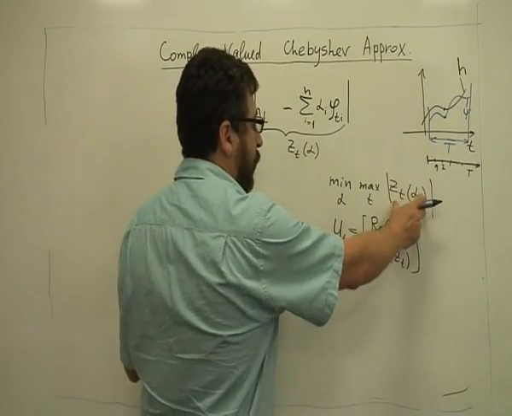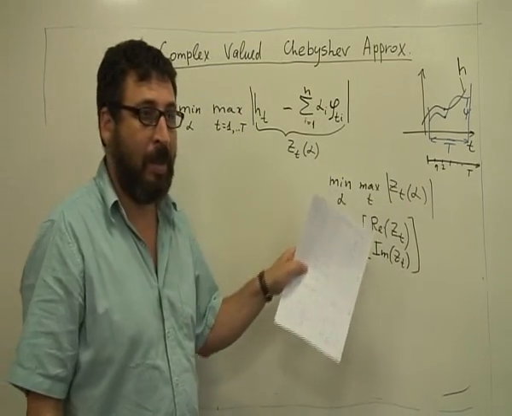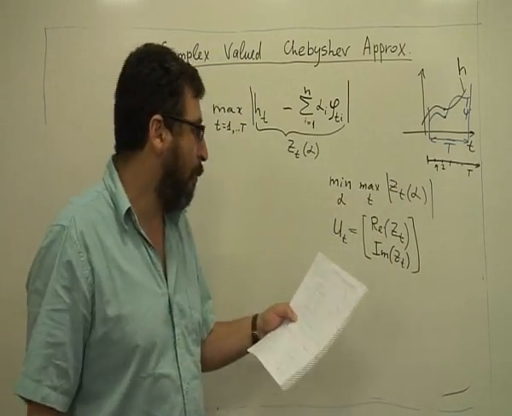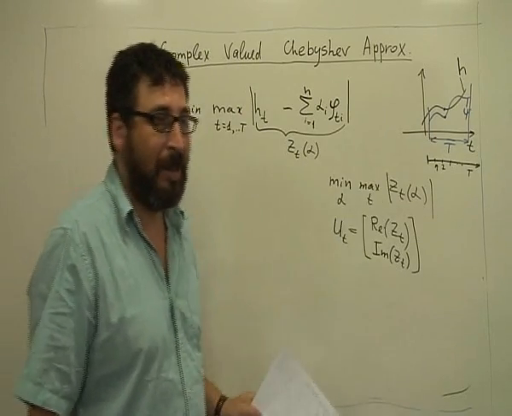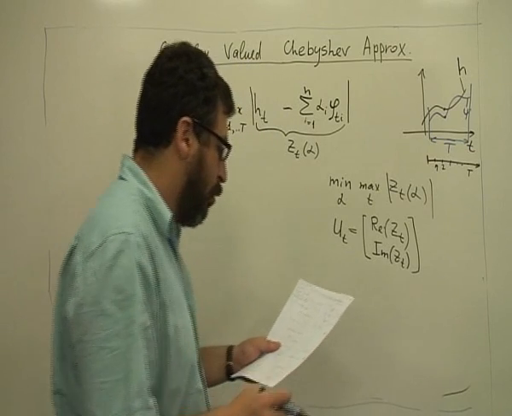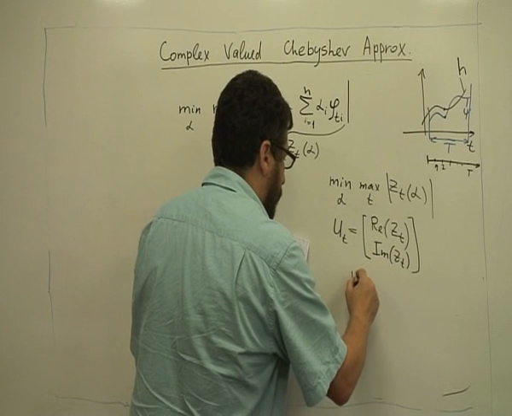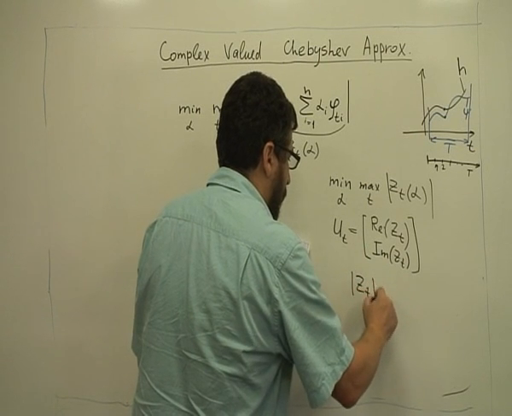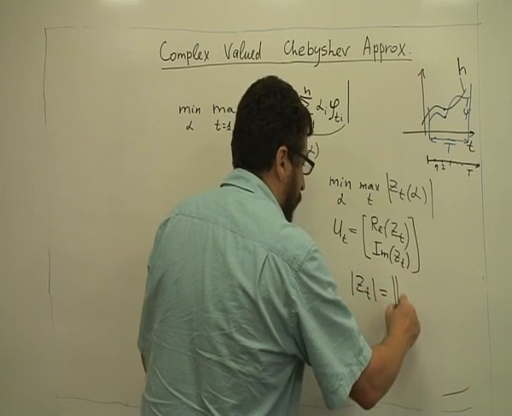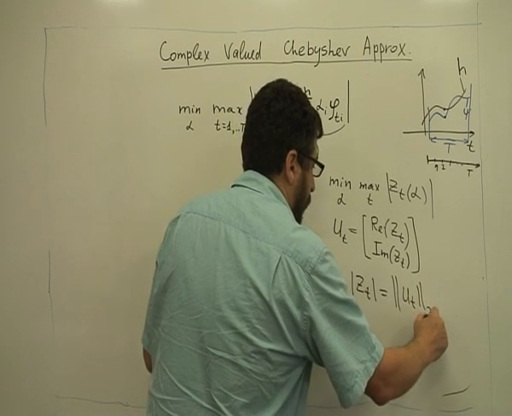Okay, and so I have the absolute value of a complex number. It's the square root of the sum of squares of its real and imaginary components. It will be exactly the two-norm of u_t. So the absolute value of z_t is equal to the norm of u_t.